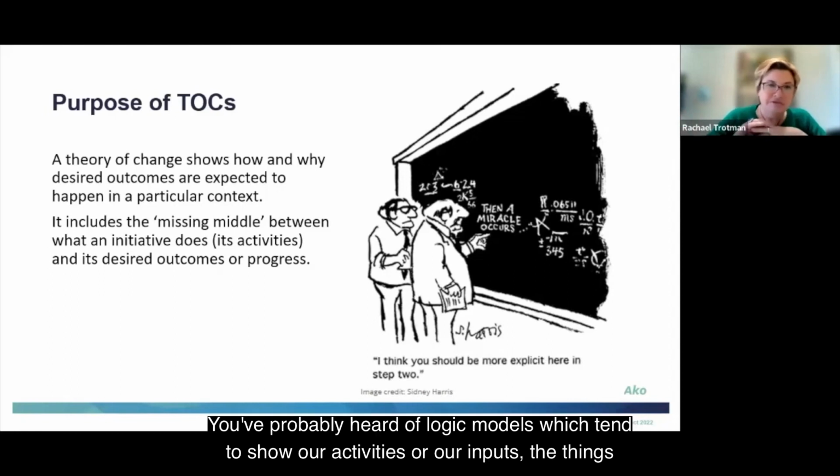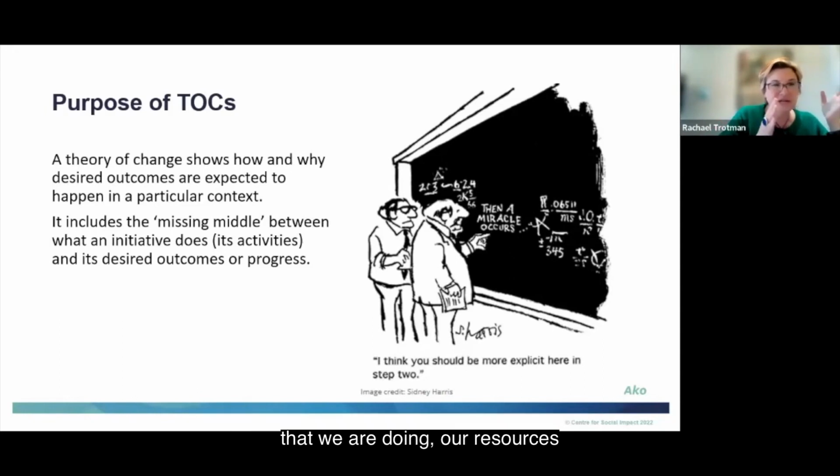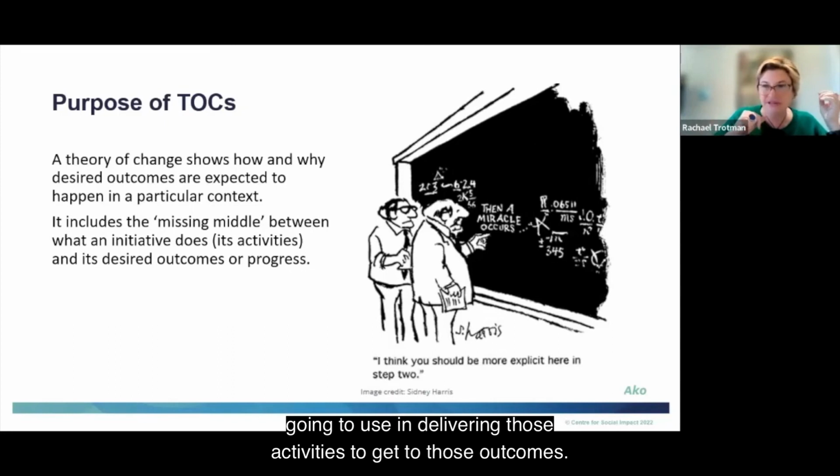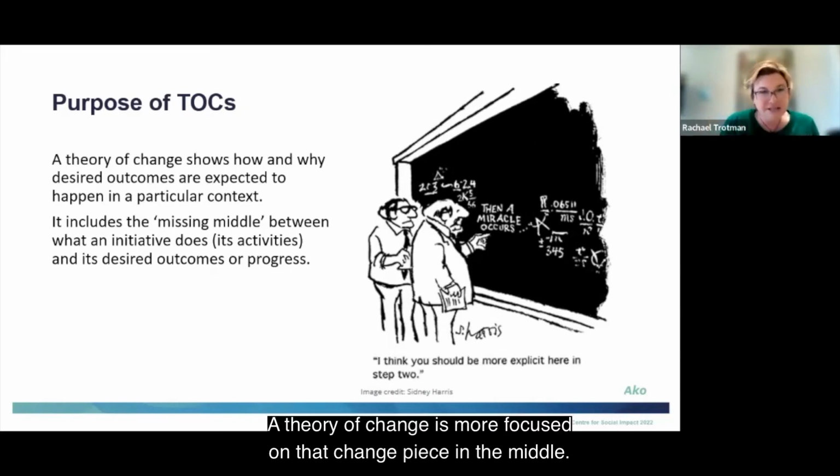You've probably heard of logic models, which tend to show our activities or our inputs, the things that we're doing, our resources, are going to lead to these outcomes, but it doesn't really talk about what the strategies in between are that you're going to use in delivering those activities to get to those outcomes. A theory of change is more focused on that change piece in the middle.